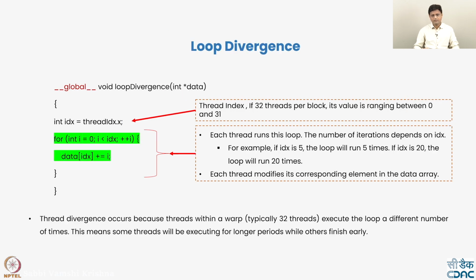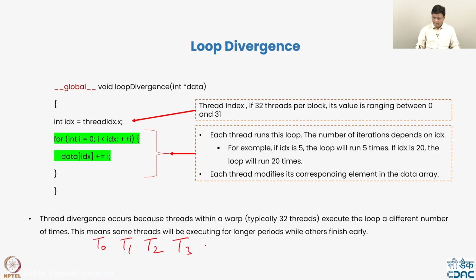Apart from if else and conditional statements, loop divergence also creates thread divergence. If you look at this logic which is highlighted with green color, to understand it, just take the example of thread 0, thread 1, thread 2 and thread 3.